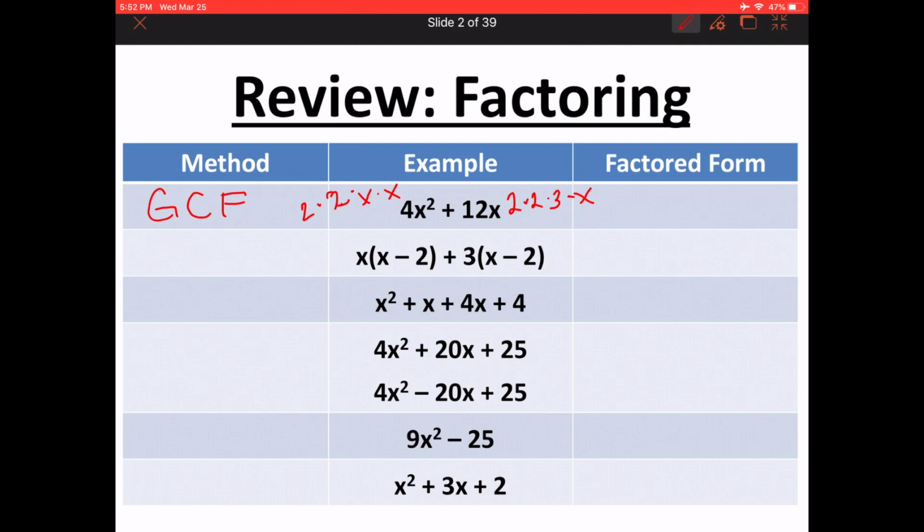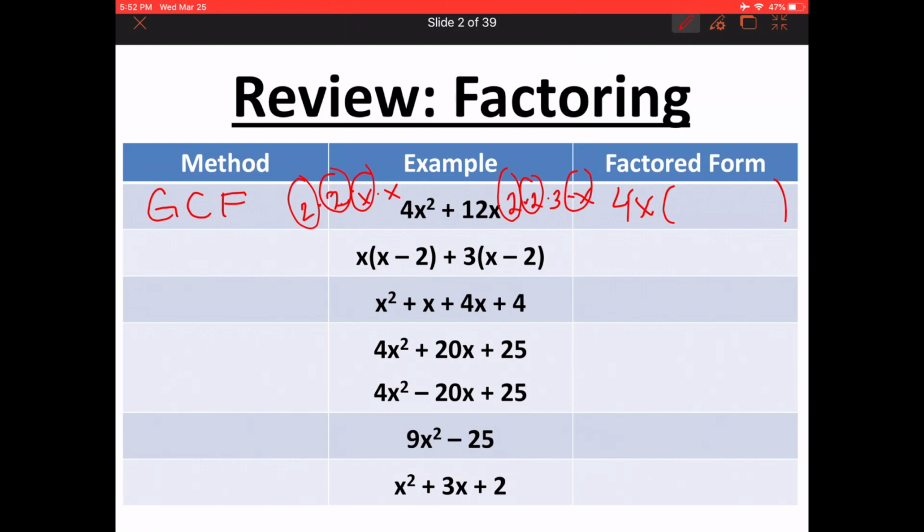Then to find the greatest common factor, we circle what they both share. They both share a 2, they both share another 2, and they both share an x. So that means that my GCF, or my greatest common factor, is 4x.